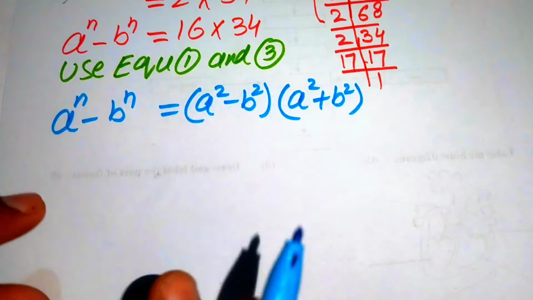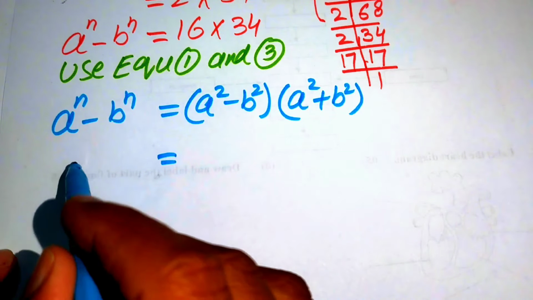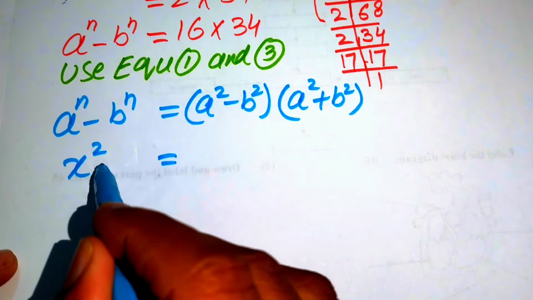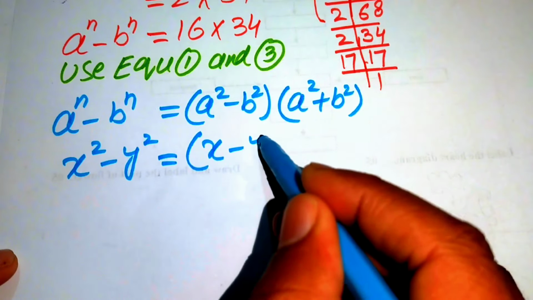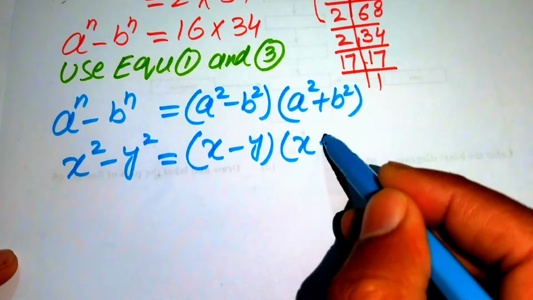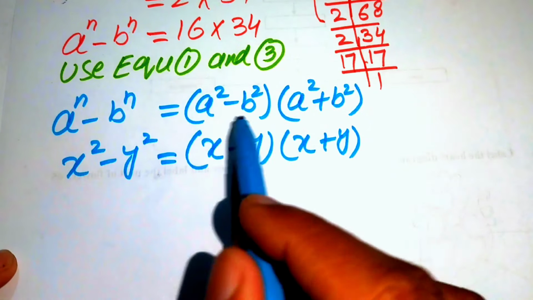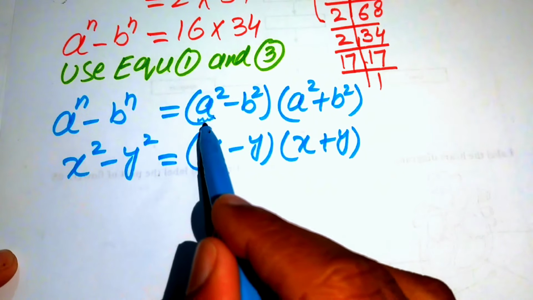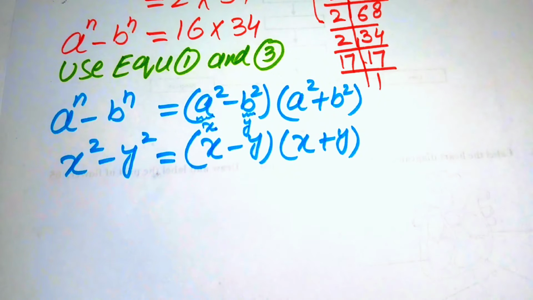Now focus on the right hand side, where we use the nice formula x square minus y square equals x minus y times x plus y. We use this identity, where the value of x is a square and the value of y is b square.